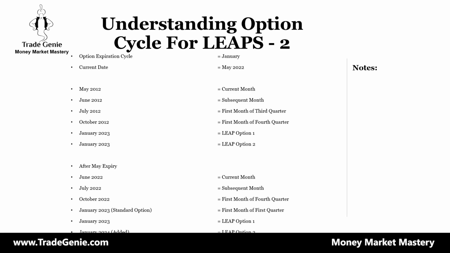But in the case of LEAPs, there are more months, which are January months. There's a typo here. This should be January 2024. I was typing it last night with my eyes closed, so I typed 2012. It's not 2012, it's 2022.